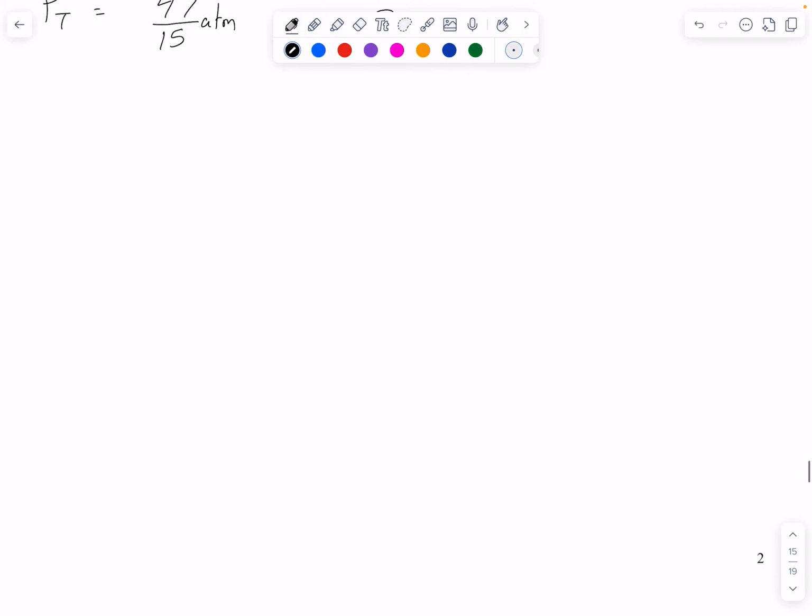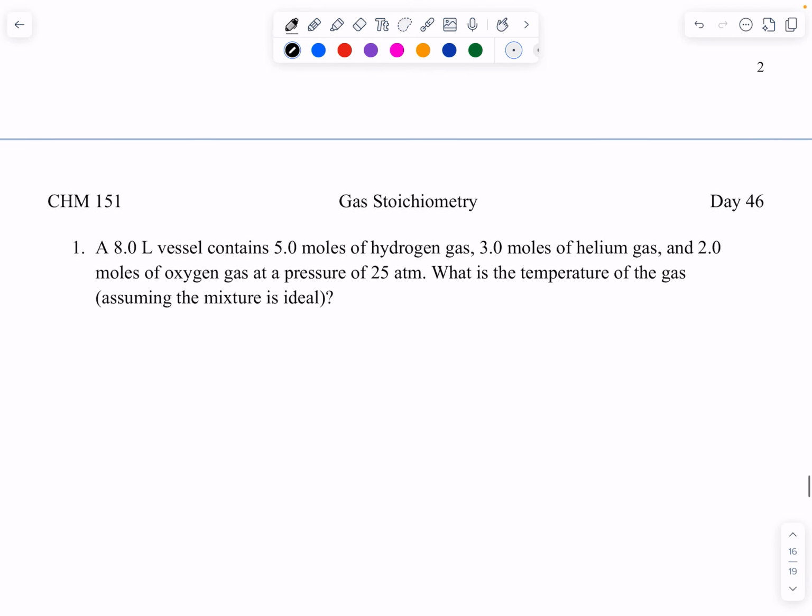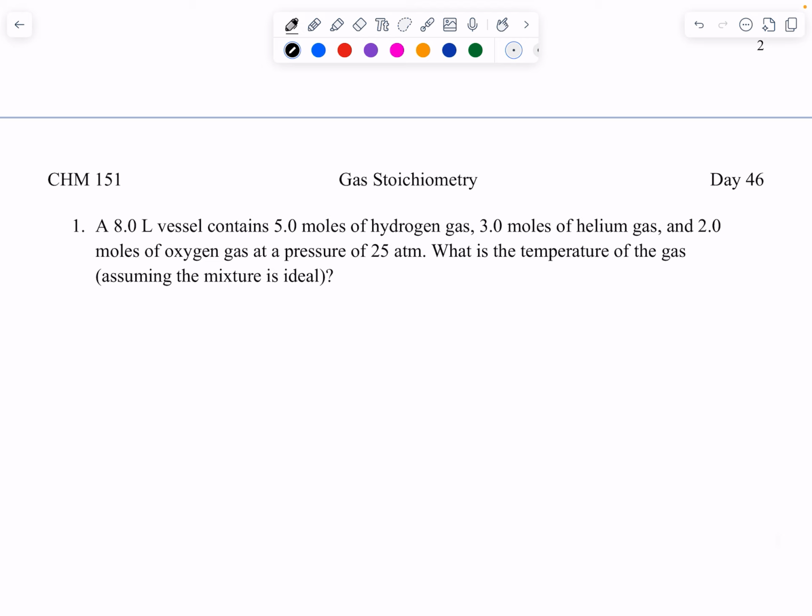All right, next one. 8-liter vessel contains 5 moles of hydrogen gas, 3 moles of helium gas, and 2 moles of oxygen gas at a pressure of 25 atmospheres.